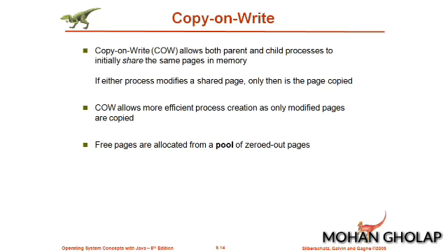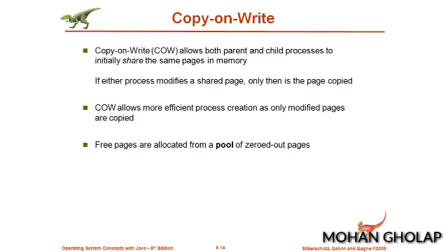However, many child processes invoke the exec system call immediately after creation. Whenever a child starts executing the exec system call, it will start executing some other program, so its own new copy of memory will be allocated.